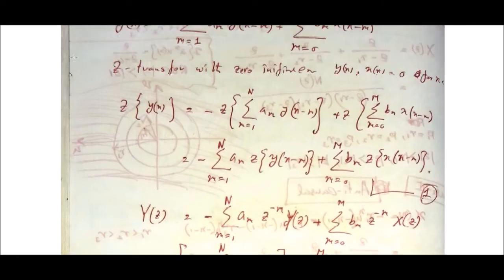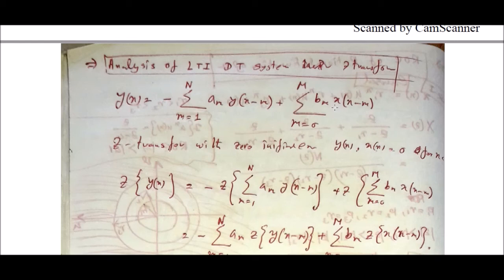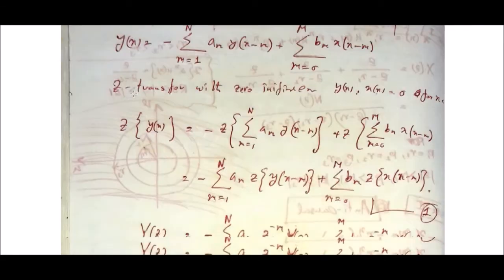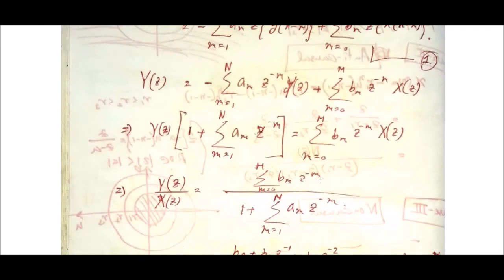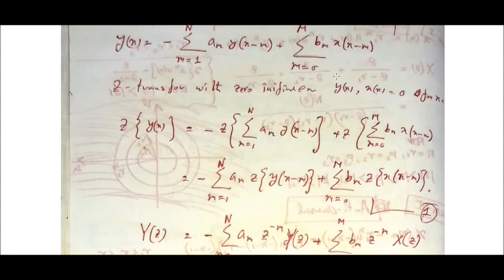The Z transform of the input is capital X(z), and the Z transform of the output is capital Y(z). The ratio will be like that. Just go through this derivation.